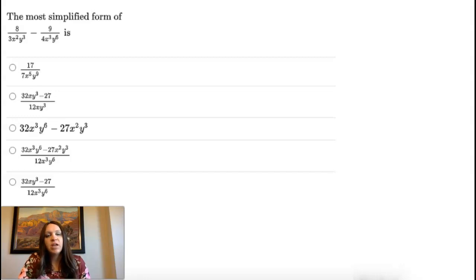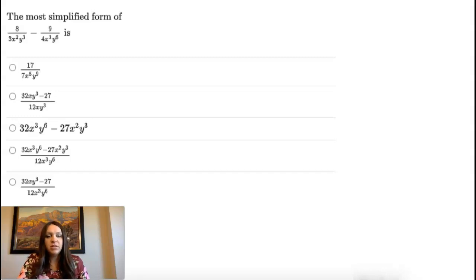So in order to get x to the 5th, I would multiply this by x squared. So I have 9x squared over 24x to the 5th, because I add my exponents when I'm multiplying, plus 80 over 24x to the 5th.